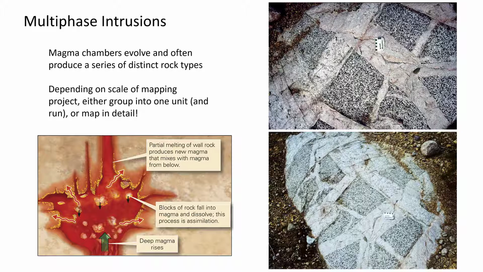So depending on the scale of field mapping, either you want to group these complicated types of intrusions into one unit and run away as fast as you can, or if it's at a more detailed scale, map all of these features in detail. Some of these examples are shown on the right side of the slide, where you can see distinctly two phases of magma. There are salt-and-peppery blocks surrounded by light pink bands.